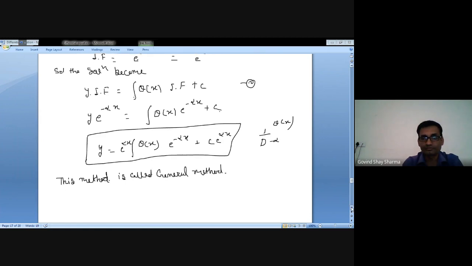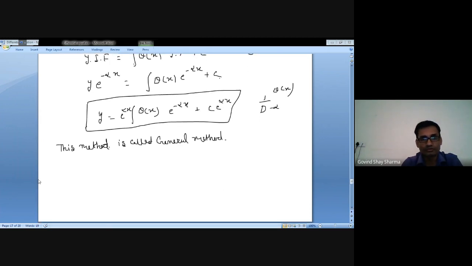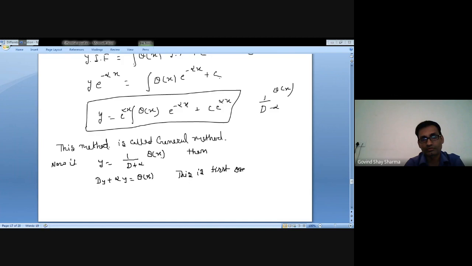Now if y is equal to 1 upon D plus alpha of Q(x), then dy/dx plus alpha y equals Q(x). This is a first order differential equation.